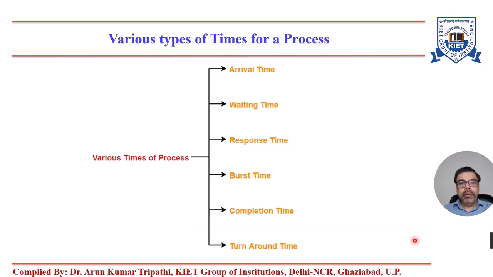Now, various times of the process. When a process is going to execute, some of the times elapsed by the process are known as arrival time, waiting time, response time, burst time, completion time, and turnaround time.